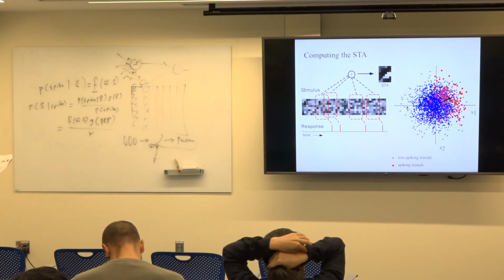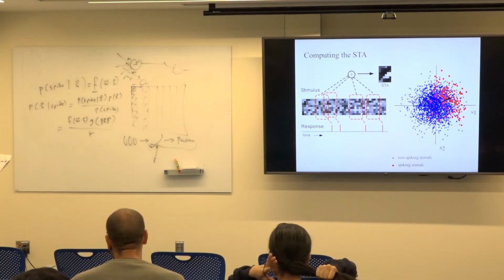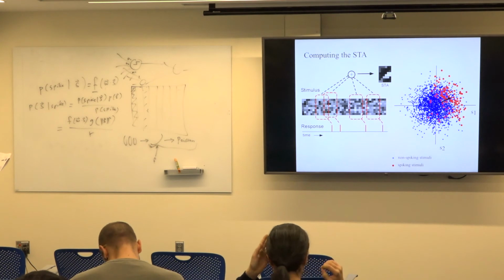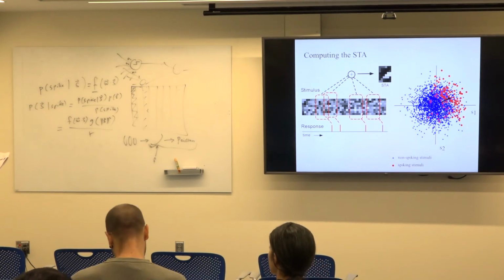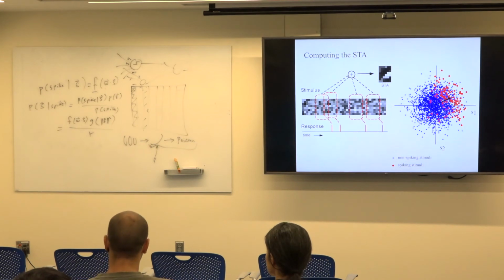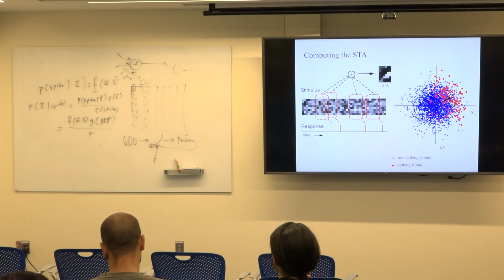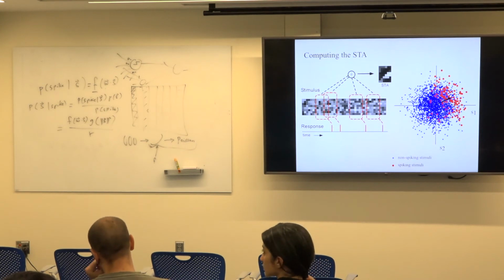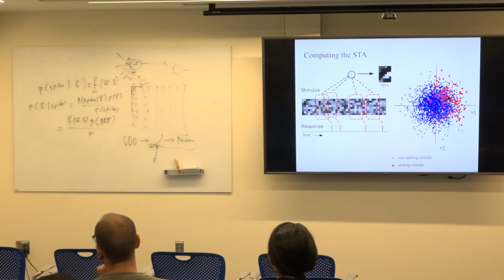All right. Now, that's the probability of a stimulus given a spike. Now, we are going to do a spike-triggered average, which means we're going to take all the spikes, get the stimulus, and then take their average, which means we're computing an estimate of what quantity.